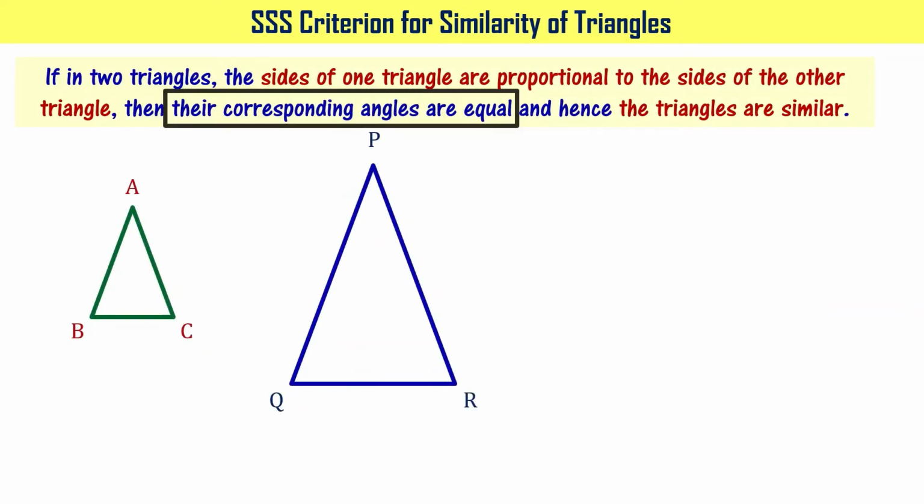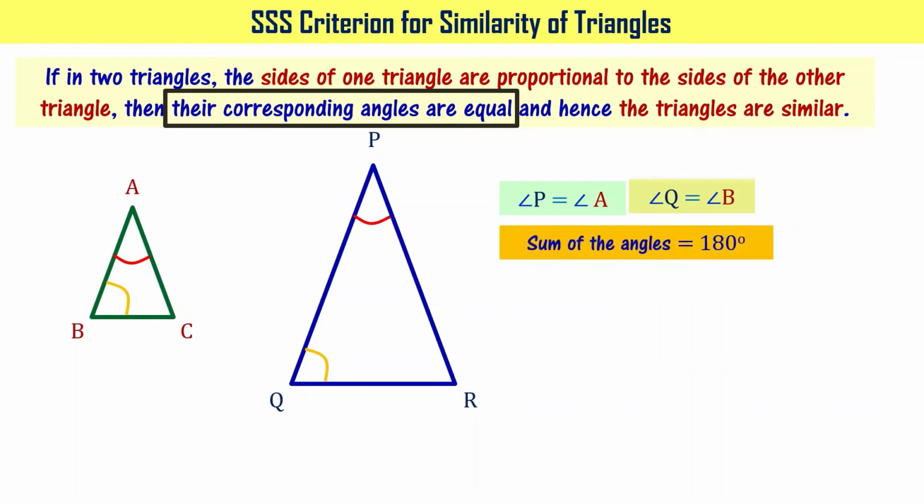Now what we have to further look at is the corresponding angles, whether they are equal or not, right? As you see here, angle P is equal to angle A and angle Q is equal to angle B, right? And we know that the sum of the angles in a triangle is 180 degrees, right?